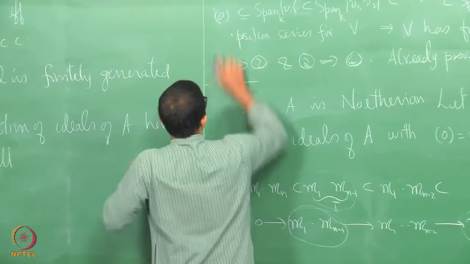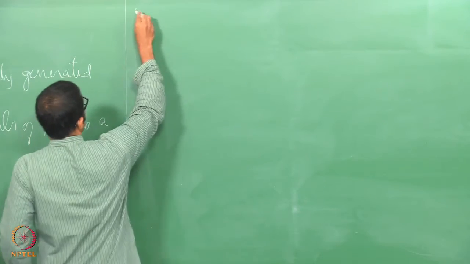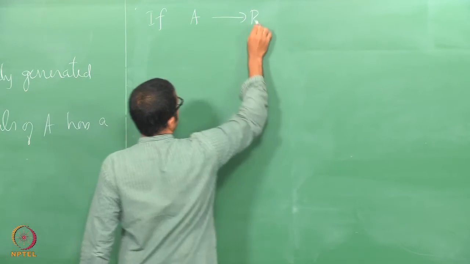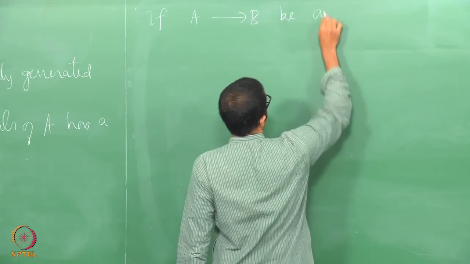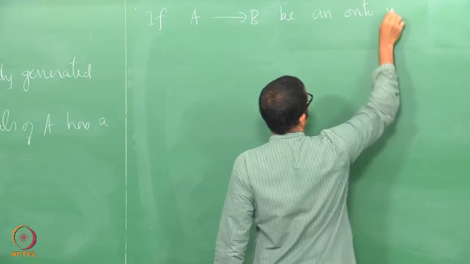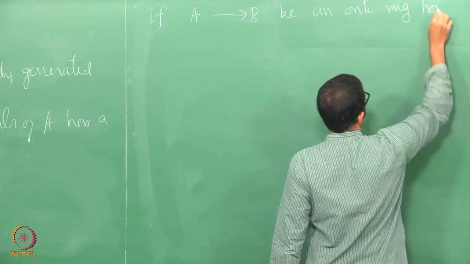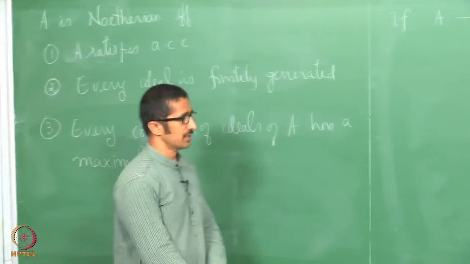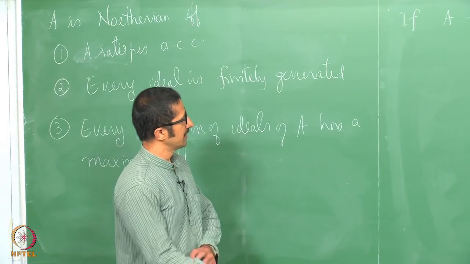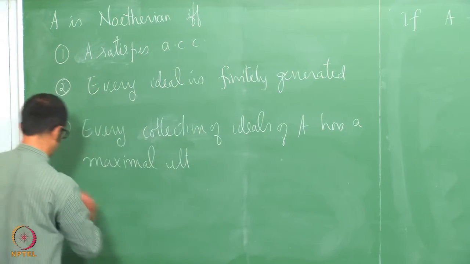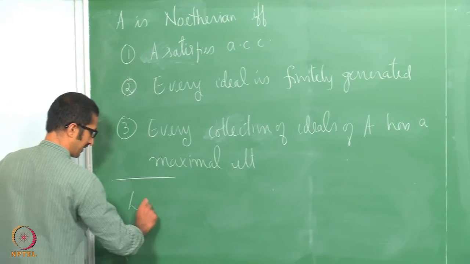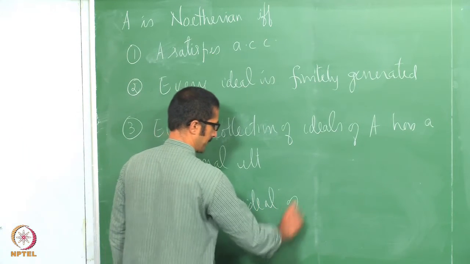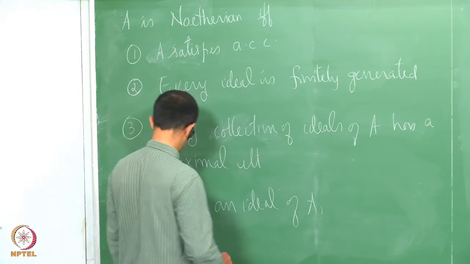Okay. Now, let f: A to B be an onto ring homomorphism, or in other words, let us start with, let I be an ideal of A. Okay.